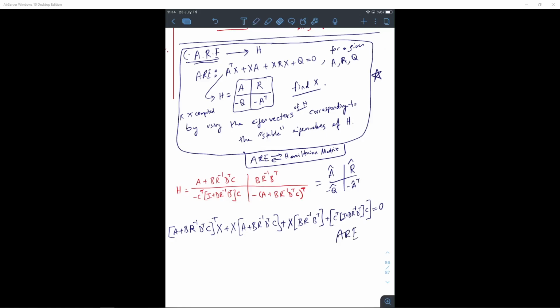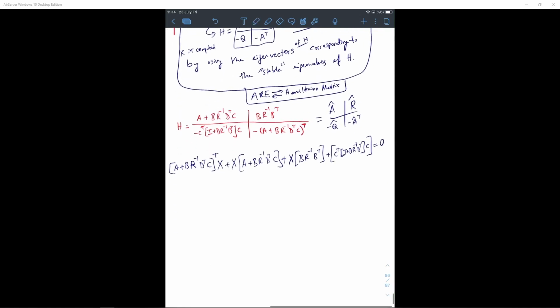Now I'm going to recap every step once again. We have G of s, represented as A, B, C, D by its own state space matrices, and its H infinity norm is less than gamma.